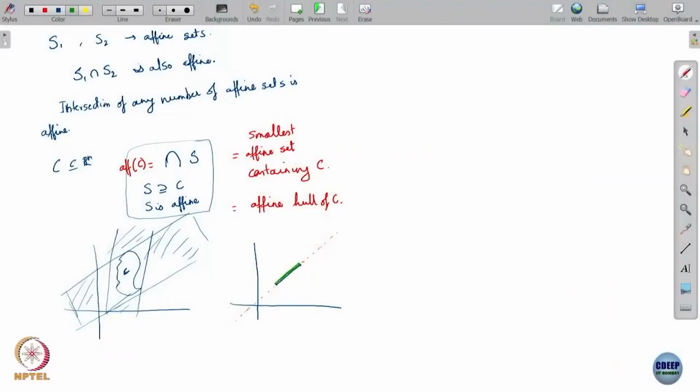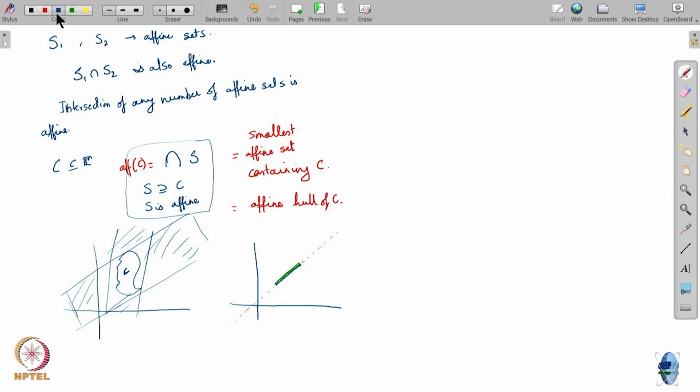So, the thin segment that I had first drawn, I had drawn it in R2, but it is actually a one dimensional object. But that little square or rectangle is actually a two dimensional object. I need an additional dimension in order to describe it.